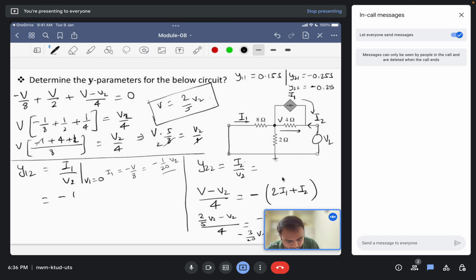I1 is minus 1 by 20 V2 divided by V2, that is minus 1 by 20. So Y12 will become minus 1 by 20, that is minus 0.05 siemens. So these are the values.